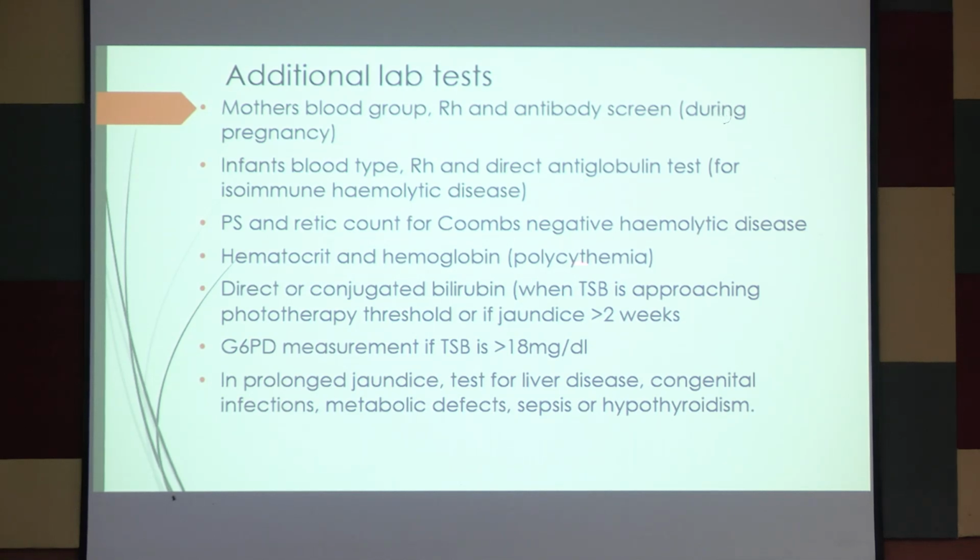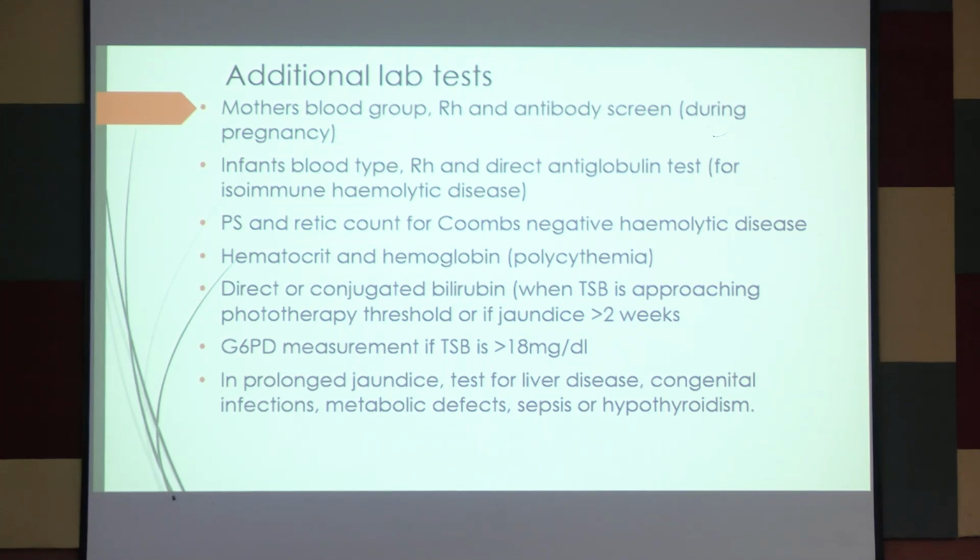Then for polycythemia, what is to be checked? Hemoglobin and hematocrit. Then direct or conjugated bilirubin when TSB, total serum bilirubin, is approaching the phototherapy threshold, or if jaundice is more than 2 weeks. Direct bilirubin measurement has a role in neonatal cholestasis, where jaundice is persisting for more than 2 weeks.